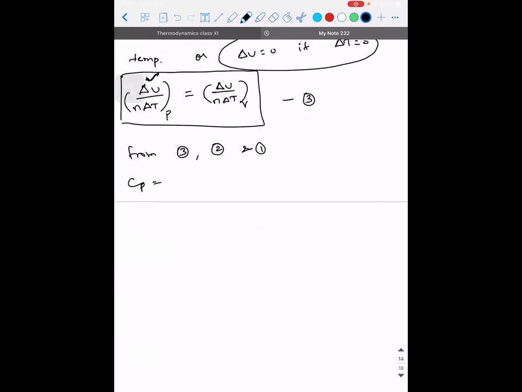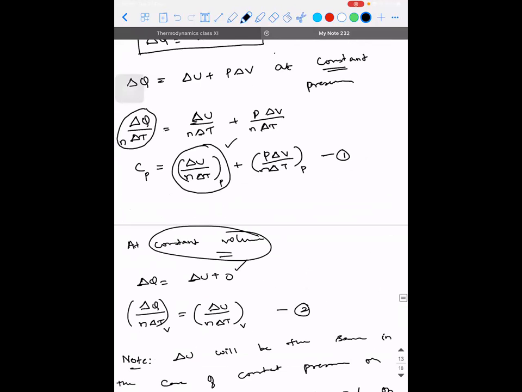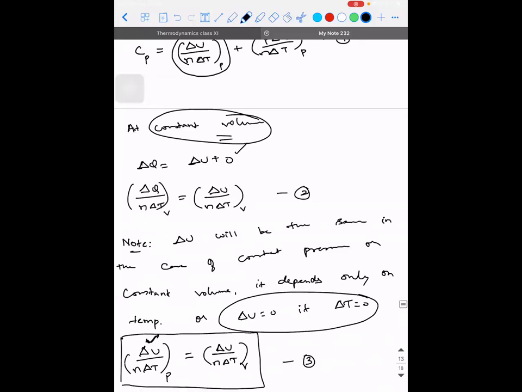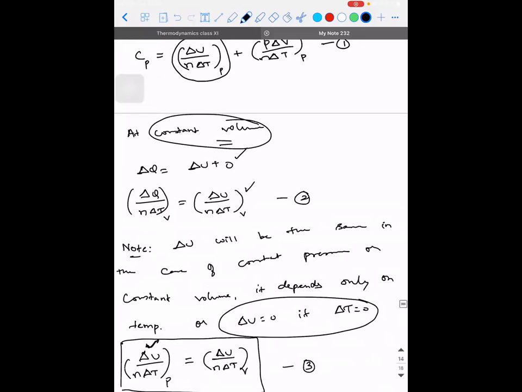From 1, Cp is equal to delta U by n delta T at constant pressure. But that is the same as delta U by n delta T at constant volume, right? So what is this delta Q by n delta T at constant volume called as? The amount of heat required to raise the temperature of a unit mole of a substance through a unit change in temperature at constant volume. This is what is called as Cv.